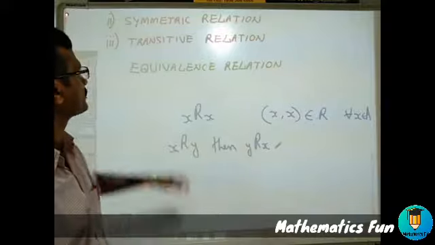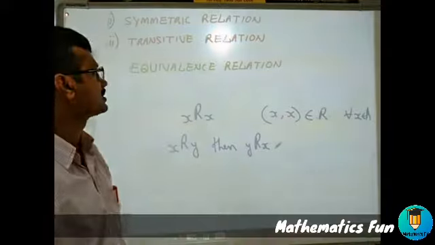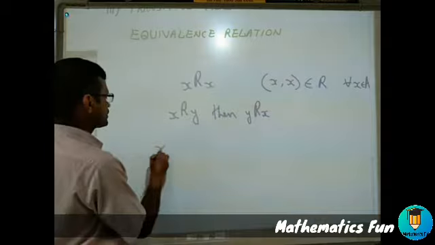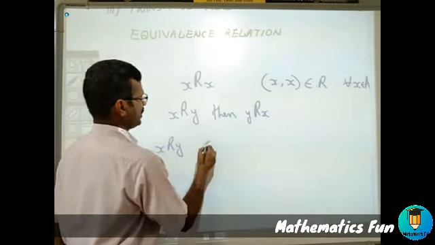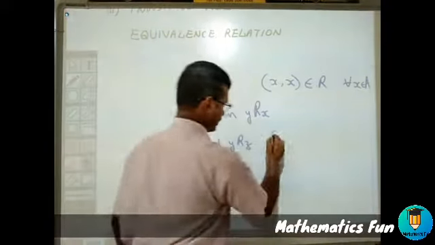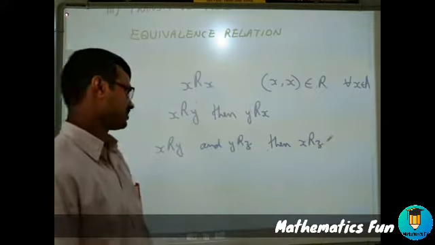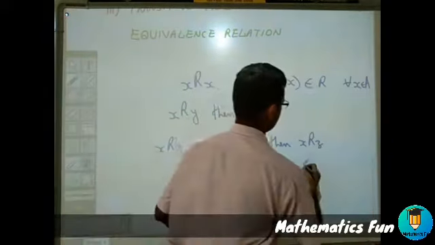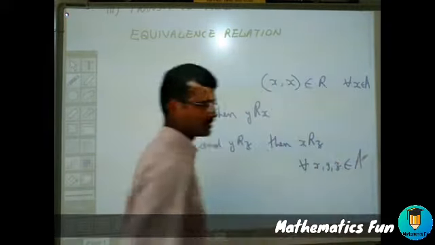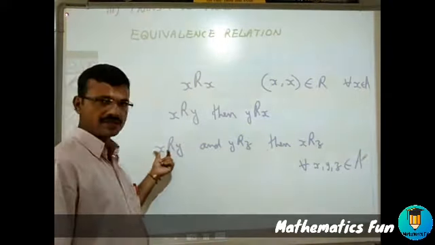So that is the second one, the symmetric relation, and the next one is the transitive relation. In a transitive relation, we have to look for three elements. Suppose x is related to y and y is related with z, then x is related with z with the same relation, for all x, y, z belonging to the particular set. This type of relation we call a transitive relation.